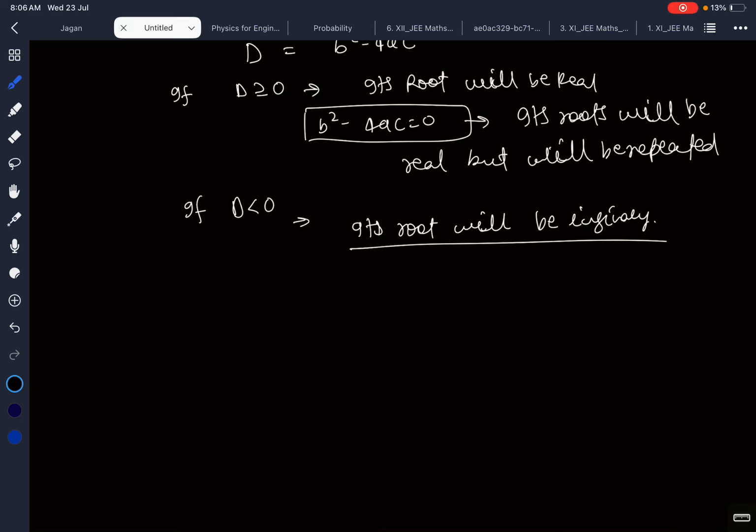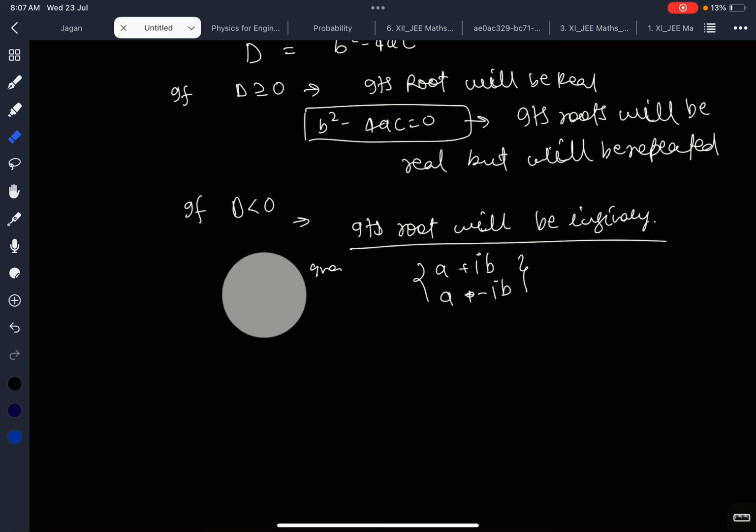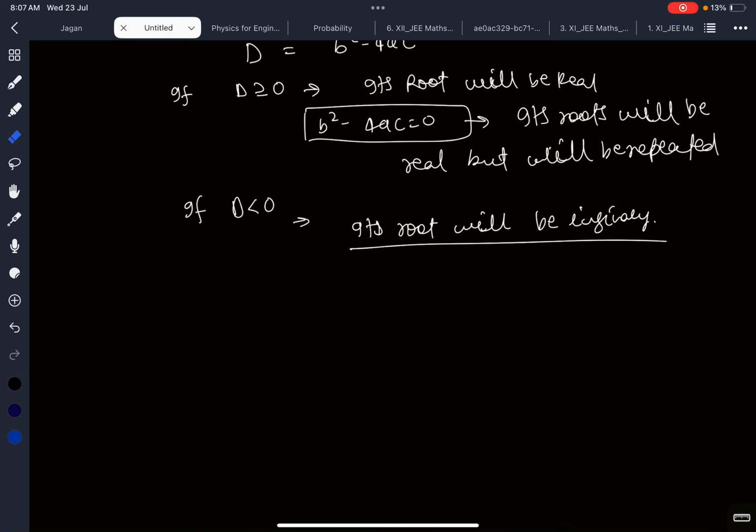You must be knowing the imaginary roots exist in conjugates. Like if one root is a plus iota beta, where a and b are real constants, then another root will immediately be a minus iota beta. So you must be knowing this. And yeah, let's proceed.